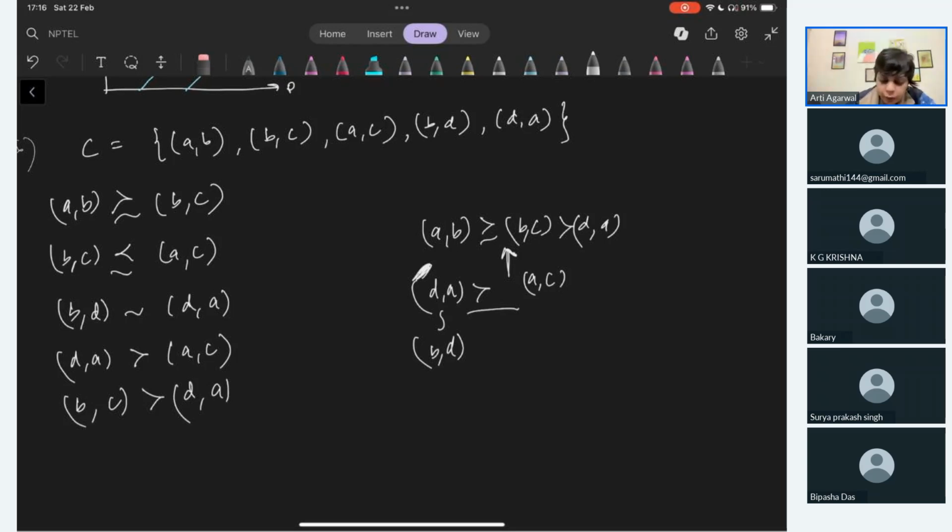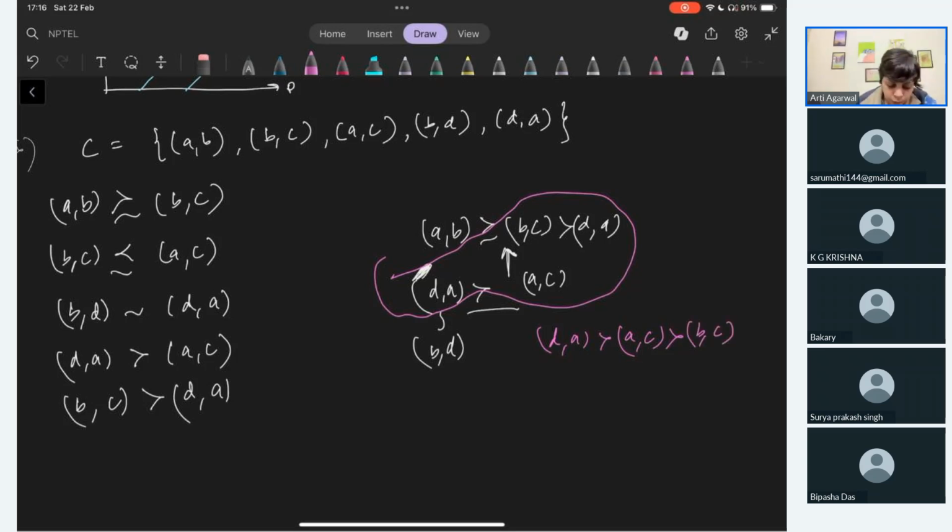So here we have a little bit of trouble, right? Because DA is better than AC and AC is better than BC. This is how we should have it. This has an indifferent also.